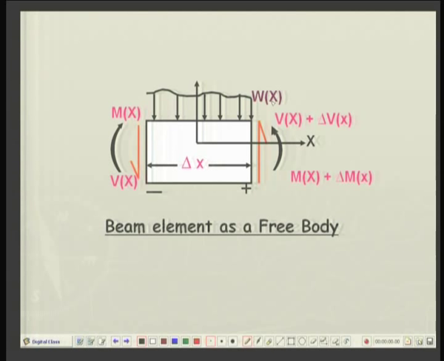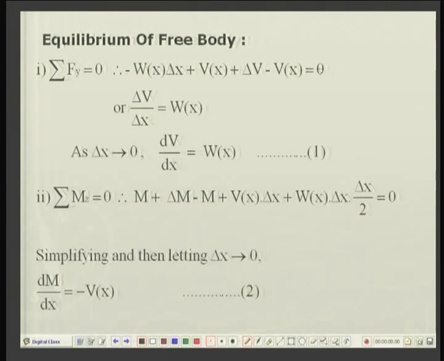So, that is the total load on this segment. The vertically upward loads are Vx plus dVx, and the downward load is Vx. So, the equation is minus Wx dx downward load plus Vx plus dV upward minus Vx downward, equal to 0.